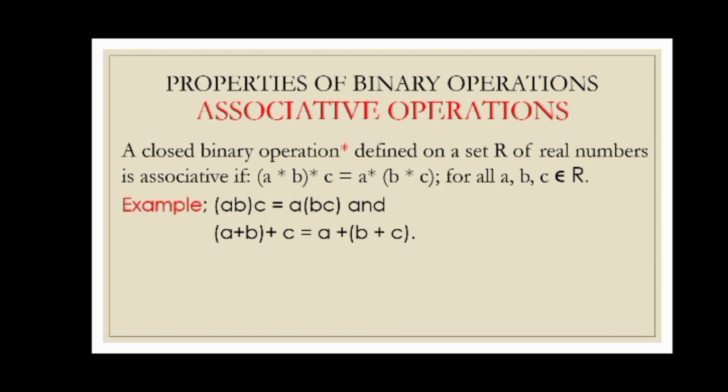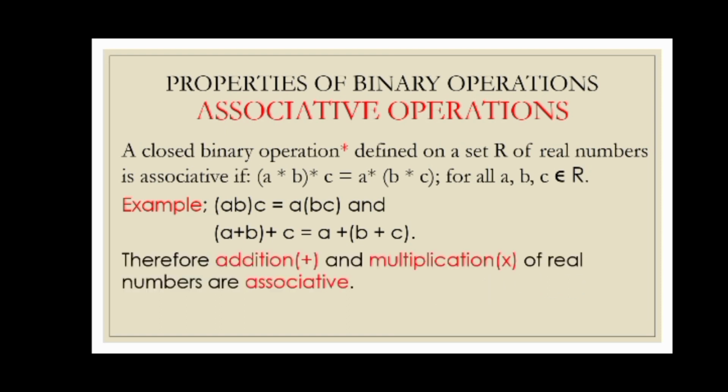So let's give ourselves this example. We have A times into bracket B times C, gives us A outside, into bracket B and C. And A plus into bracket B plus C, giving us A outside plus into bracket B plus C. So we are just making the first one in the bracket, the second one outside in the bracket.